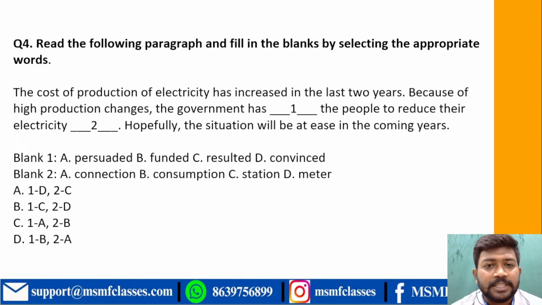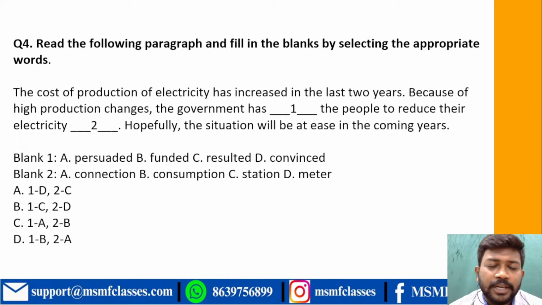Funded means to provide some money. Resulted, the results, we know it very well. Convinced, to force someone to do something is called convince. Next, in blank two, connection. The process of connecting something is called connection. Consumption is to take in, called consumption. Station and meter, you know all these words.